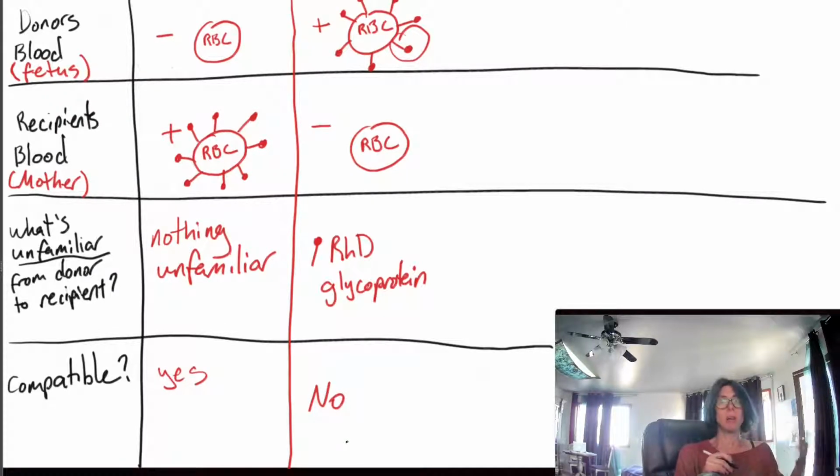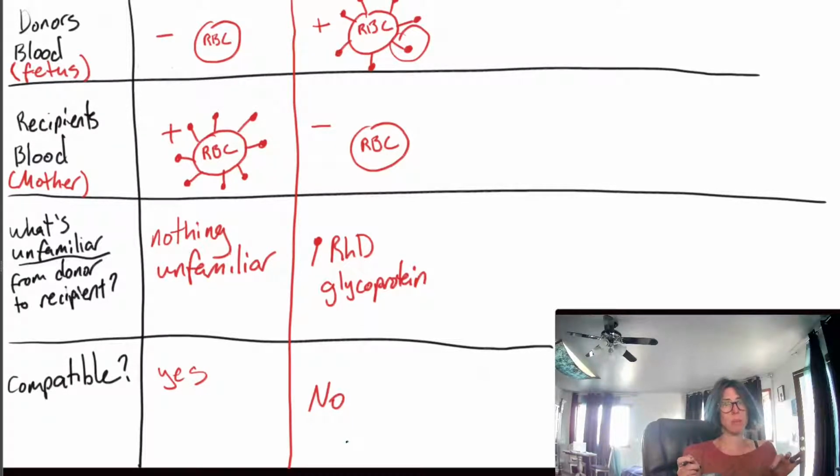So mothers who are RHD negative need special monitoring during their pregnancies, especially if there's some question as to whether the child might be RHD positive, and that depends on the father's blood type.